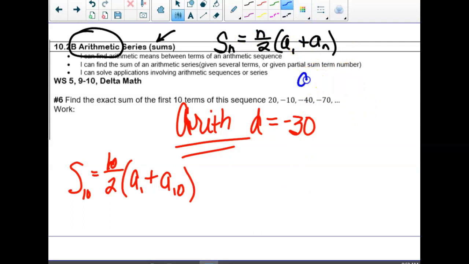But otherwise, to find the 10th term, you would take the first term minus 30, 10 minus 1 times. So that would be 9 times, would be 270, 20 minus 270. Is it negative 250? Someone check.